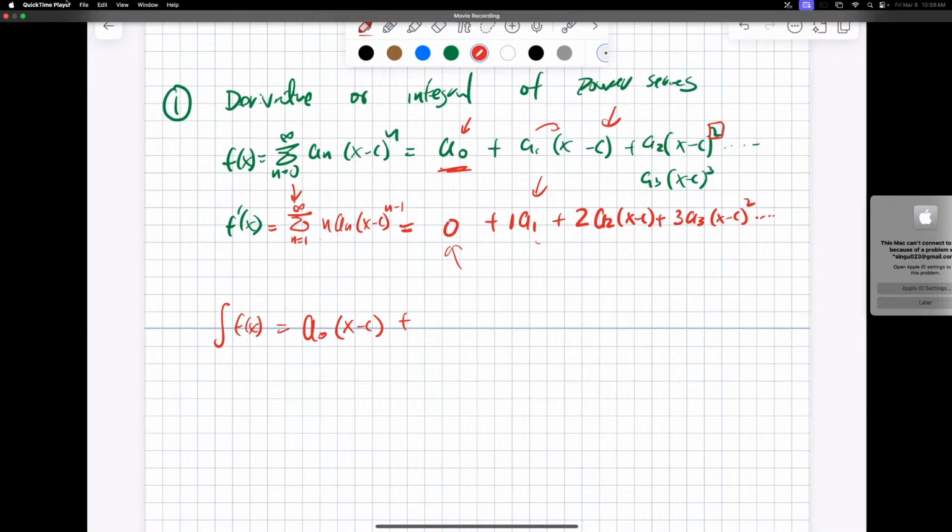What's the integral of this second term? a1 times (x minus c) squared over 2. Good job. Plus a2 times (x minus c) to the third over 3, right? So can we write this down as a power series? n equal to 0 to infinity, what's the first term?